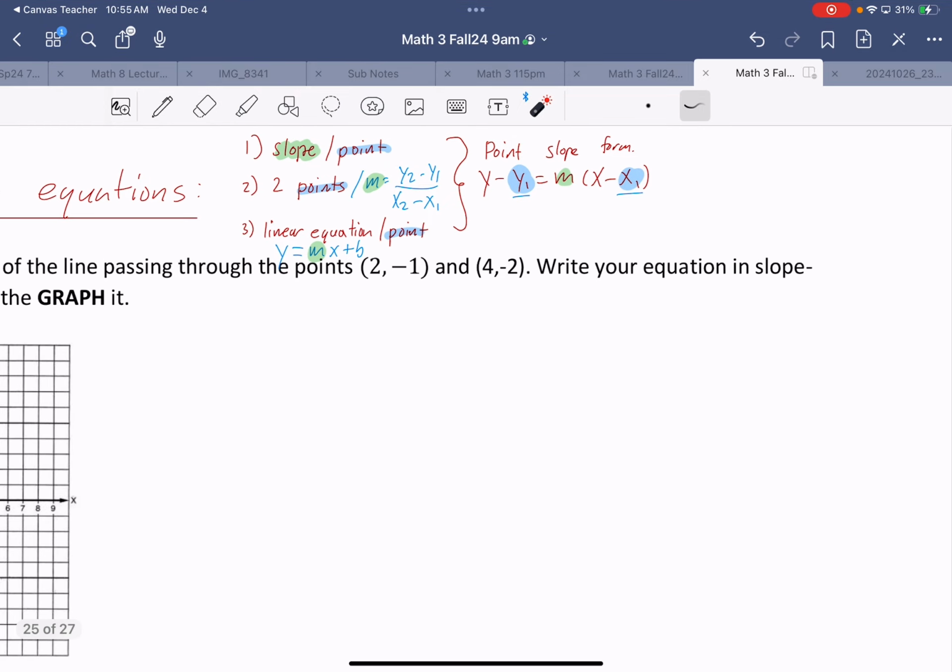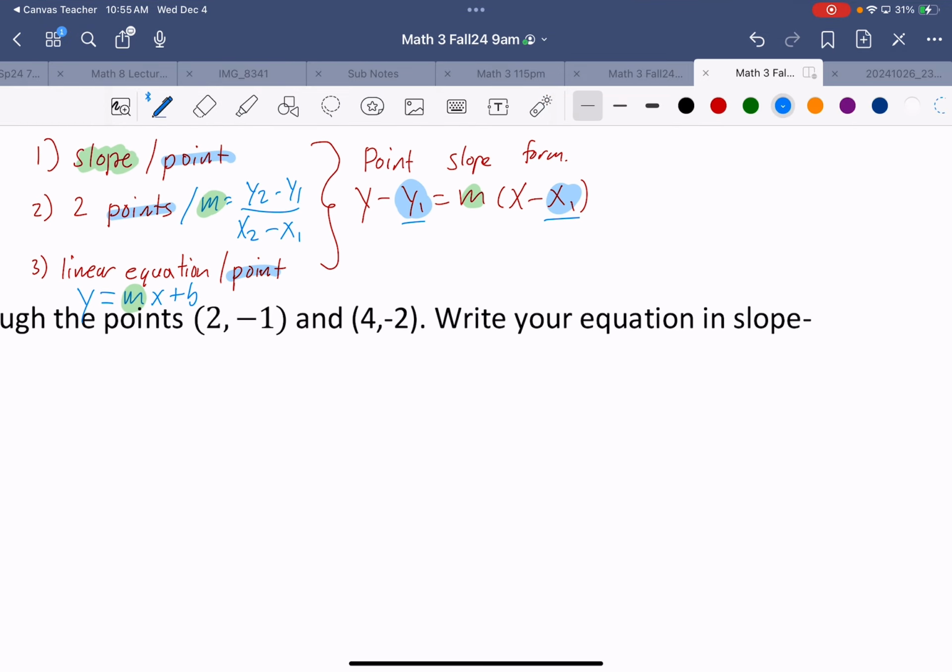The only times I said that you're not going to use this equation is when you talk about a horizontal line or a vertical line. Sorry, my pencil disconnected. Because the equation of all horizontal lines is when y is equal to a constant, right?